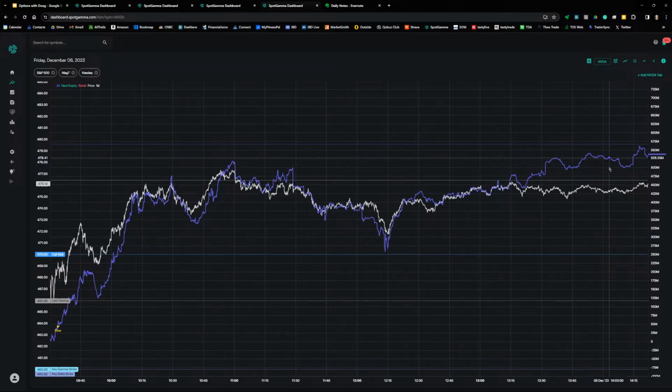And when a stock price does breach that call wall, so first of all, when traders buy calls, market makers sell the calls, they have to buy stock to hedge their delta exposure.